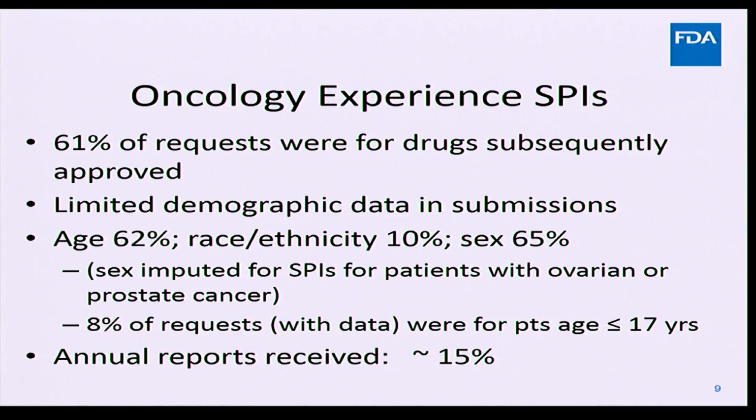The information we get in the submissions may have limited demographic data. We had age available in 62% of the requests, race and ethnicity in only 10%, and sex in 65%, although I imputed sex for patients with ovarian and prostate cancer. I didn't impute for breast cancer. 8% of the requests with data available were for patients less than 17 years of age.